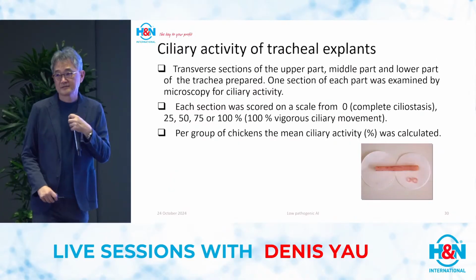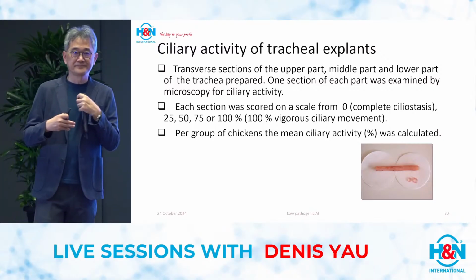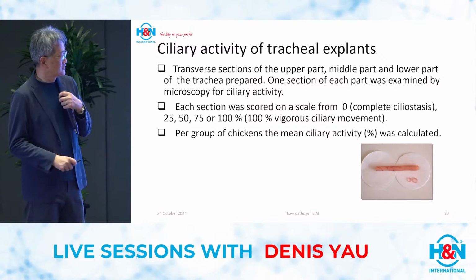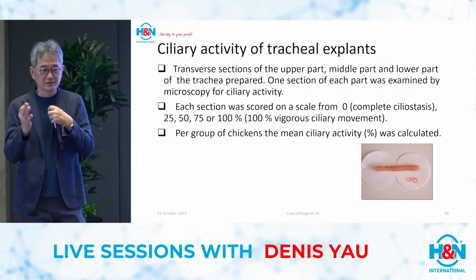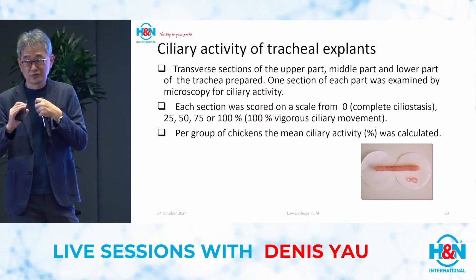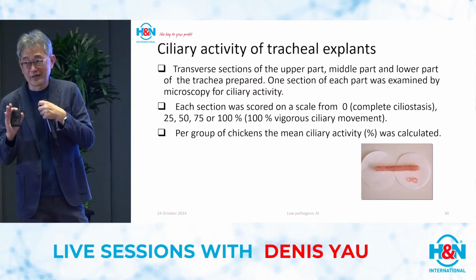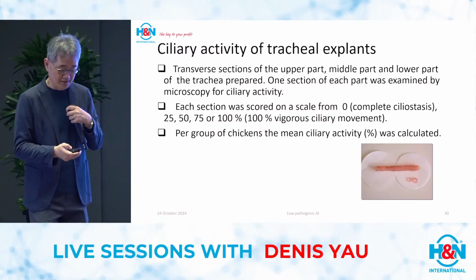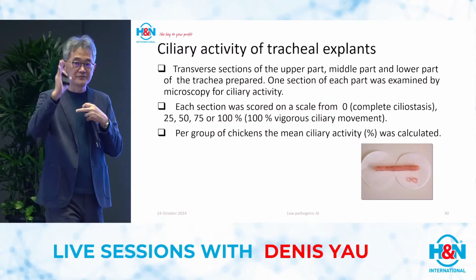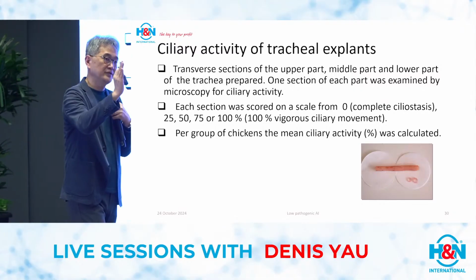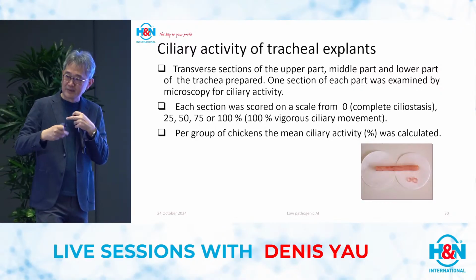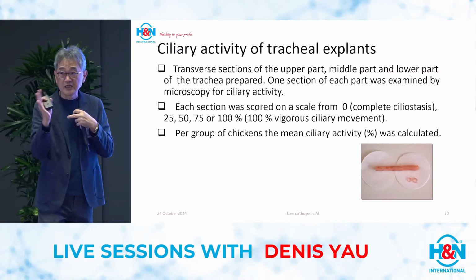And then, in the lab, we always look at the cilia movement. I don't want to spend too much time. Maybe Pratap should have told you already what the cilia activity is. So we take the trachea with upper, middle, and lower parts and cross sections. And then under the microscope, you see the cilia movement.